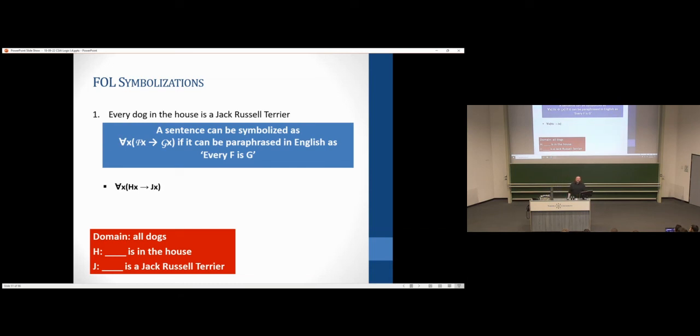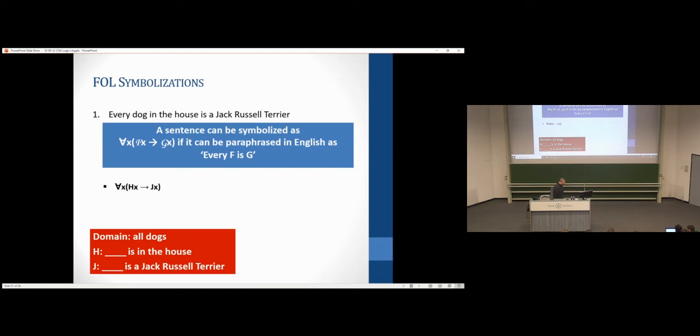A sentence can be symbolized as for all x, Fx conditional Gx, if it can be paraphrased in English as every F is G. This is the first one of four. It doesn't matter what the F is, it doesn't matter what the G is.